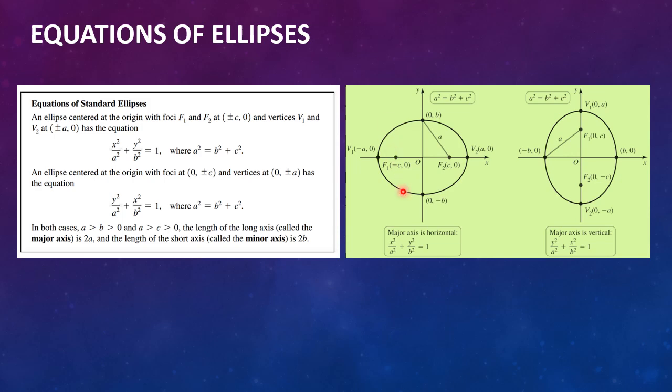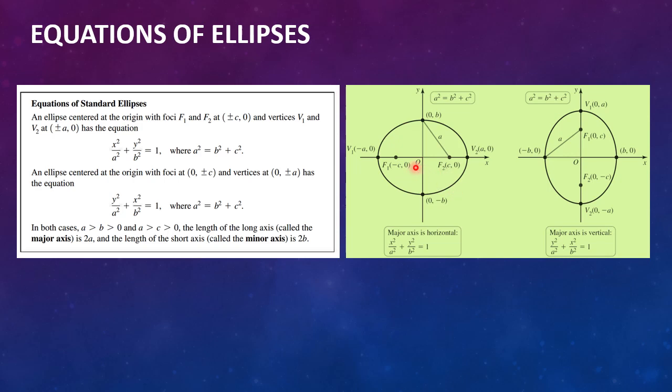An ellipse centered at the origin with foci at (negative c, 0) and (c, 0) and vertices v1 at (negative a, 0) and v2 at (a, 0) has the equation x squared over a squared plus y squared over b squared equals 1, where a squared equals b squared plus c squared.